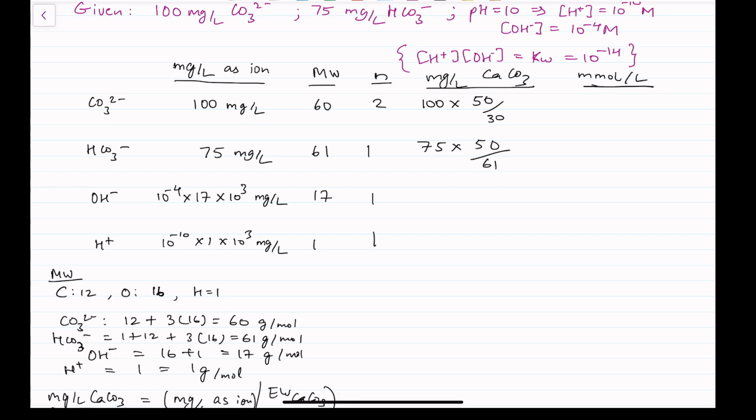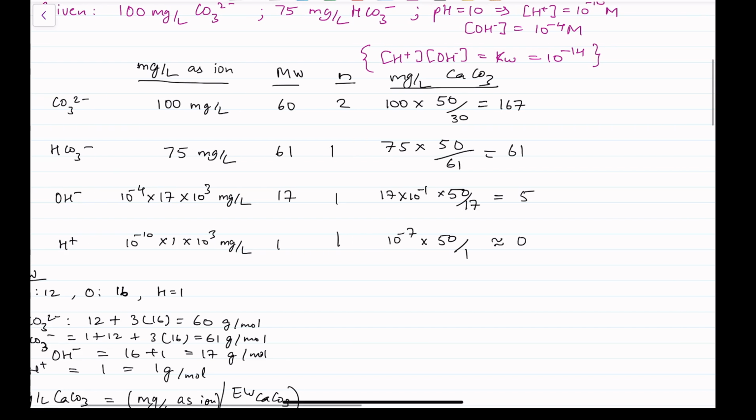So this would be, and this would be 10 to the power minus 7. And let's first calculate these numbers. So this would be 167. This here would be 61, I'm rounding it off. This would be 5. And this we can approximate as 0.